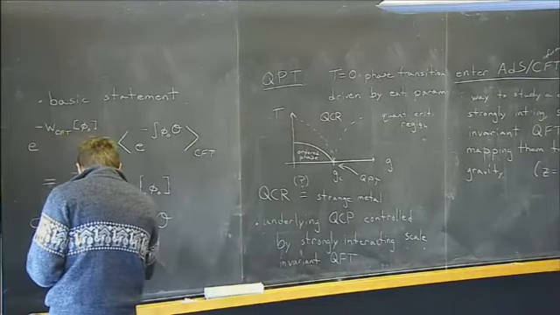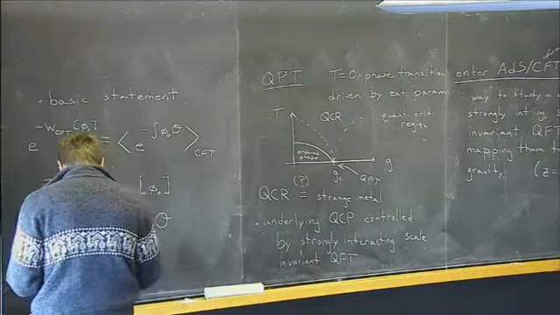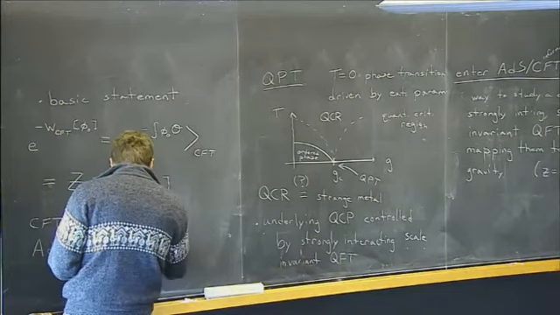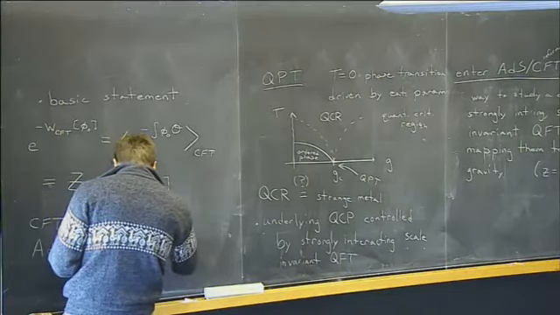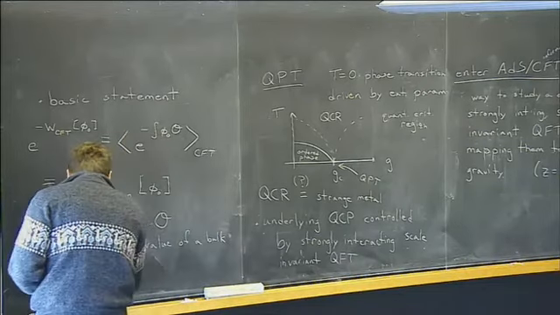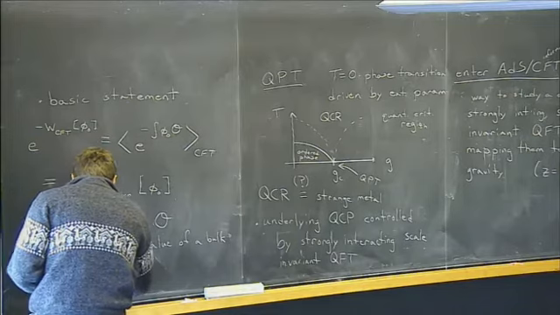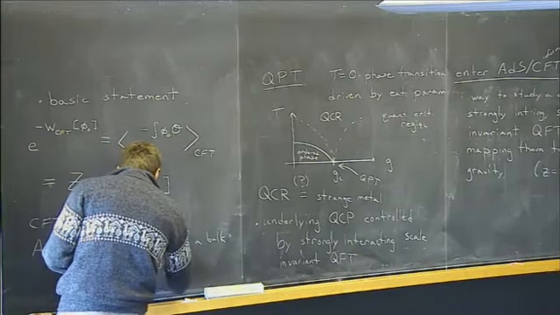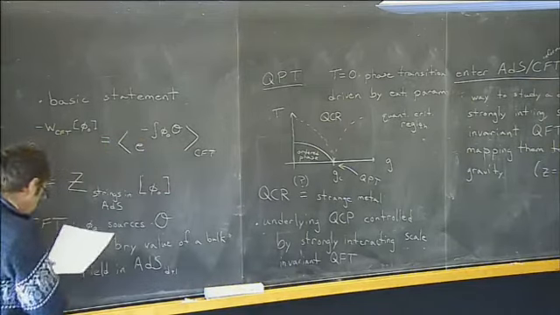I'm going to give you another characterization of it, which will be more useful for this talk. So for this guy, phi naught is a boundary value of a bulk field in AdS_{d+1}. So I want d plus 1 dimensional anti-de Sitter space.